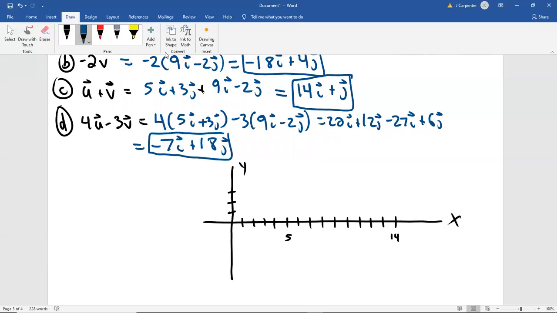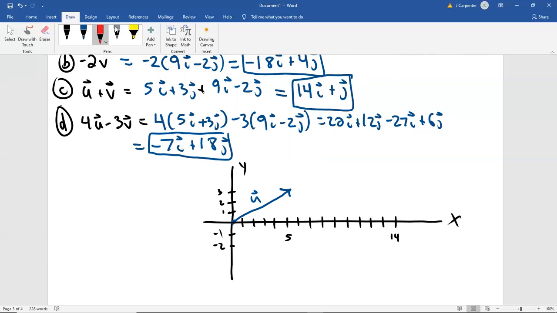So in blue, I'm going to do the vector u, which starts here and ends here. So here is the vector u. Here in red, I will do the vector v, which is the 9i minus 2j.